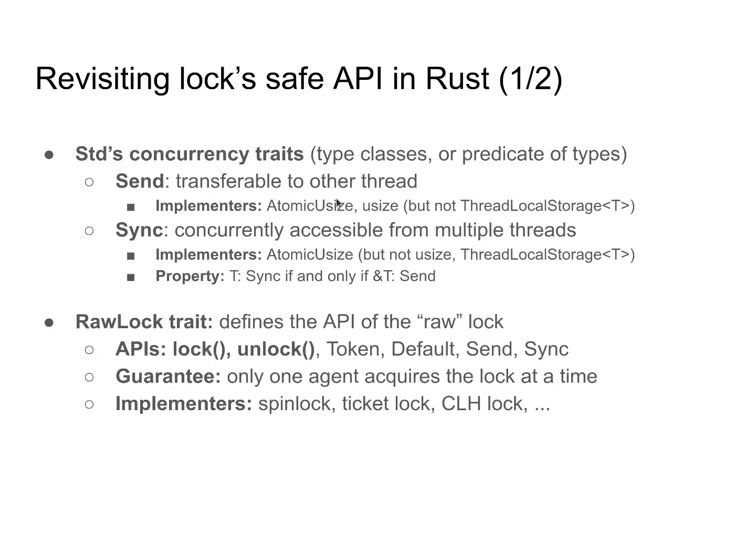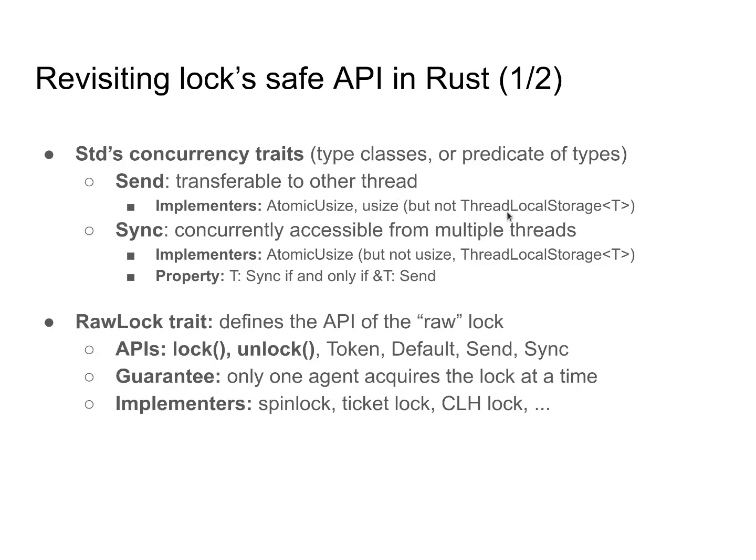the other threads. For example, you can send an AtomicUsize, which is meant to be a concurrently accessible word, to the other threads. Also, this usize is sendable to the other threads.